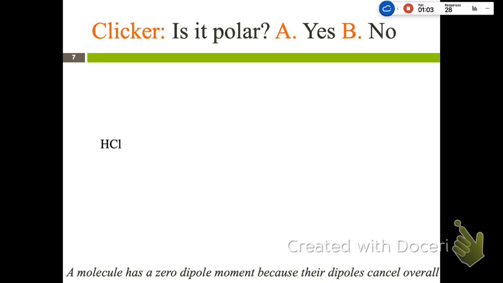Let's take another 20 or 30 seconds on the molecule HCl and click in your answer for that. And if you finish, then start working on BF3.